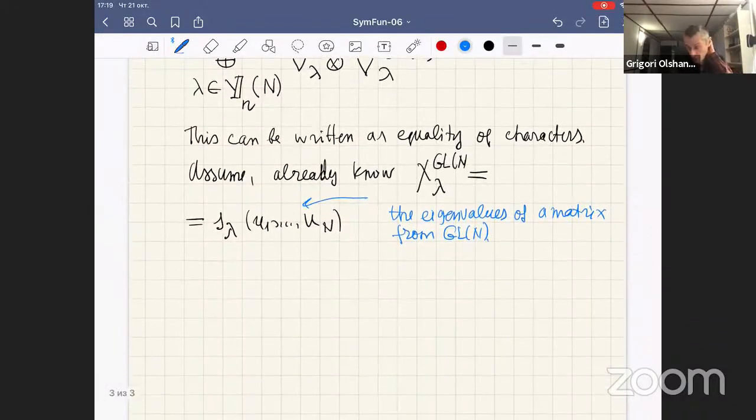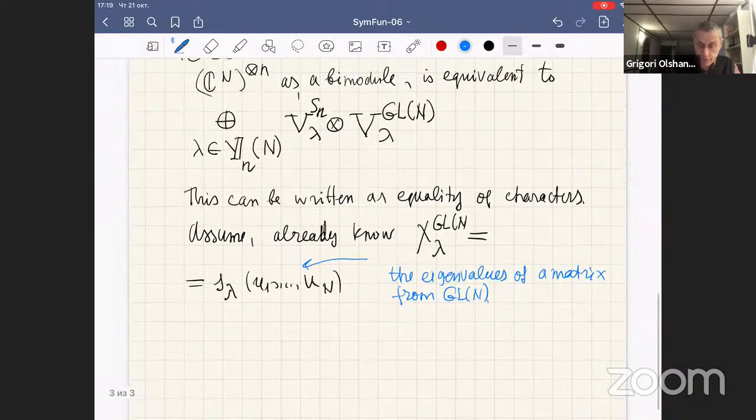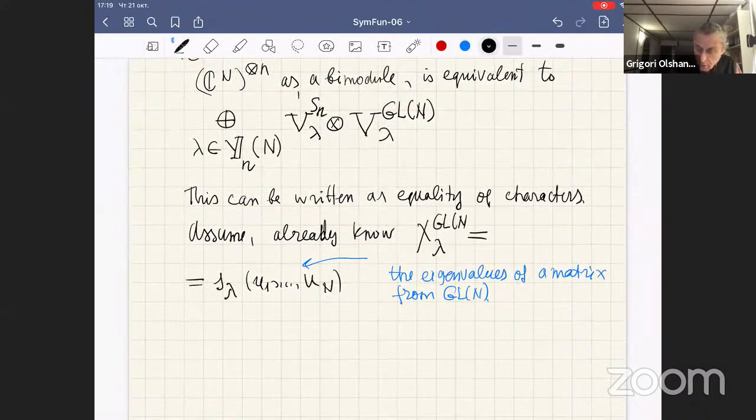So assume that we already know this, then one can write the following identity, which is a consequence of this decomposition. Take a pair of elements: sigma a permutation, and G an element of GLN.